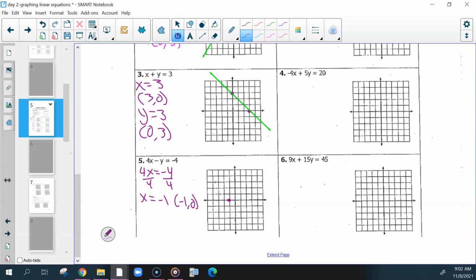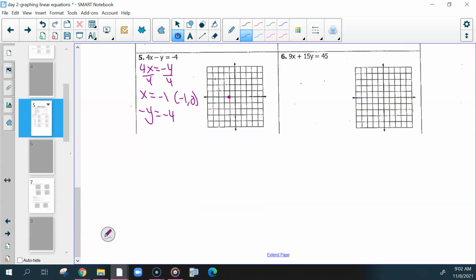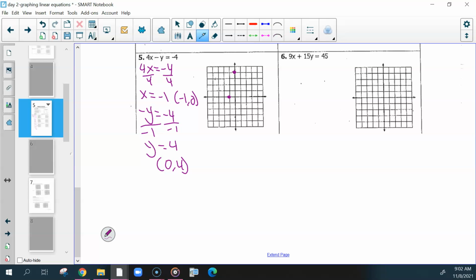And then when I do the same thing to find my y term, I have negative y equals negative 4. So I would need to divide both sides by a negative 1. So that would give me the ordered pair 0, 4. So up here. And once you have those 2 points, you can make your line.